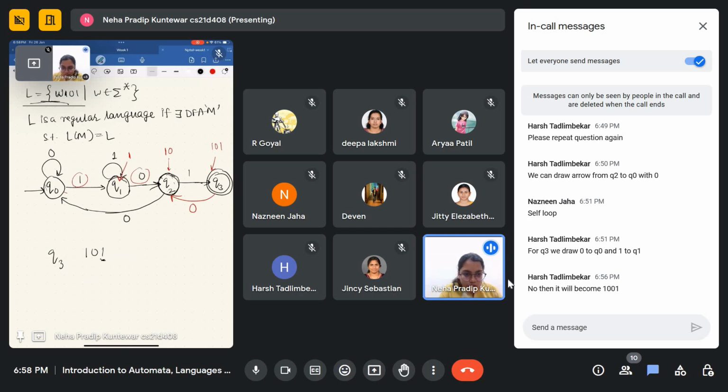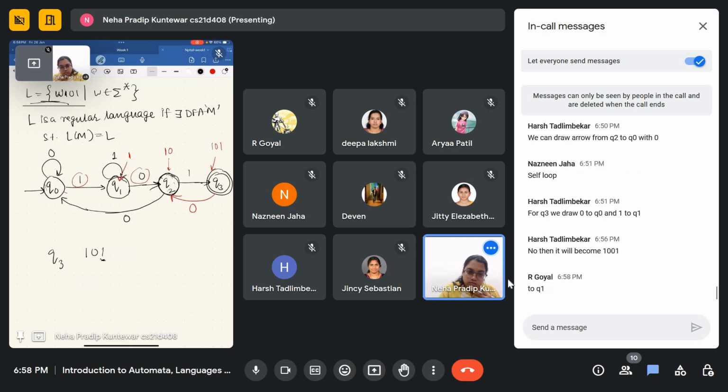If that is clear, can one of you answer? If you are at Q3 and you see a 1, where should I go? Okay, others.